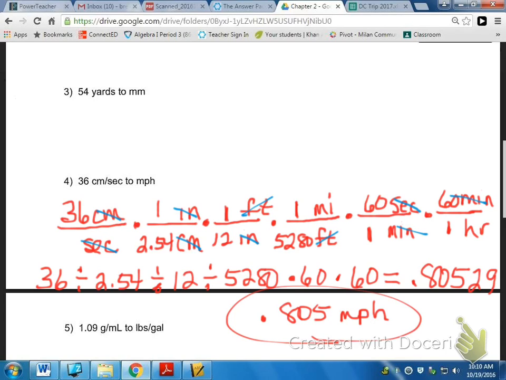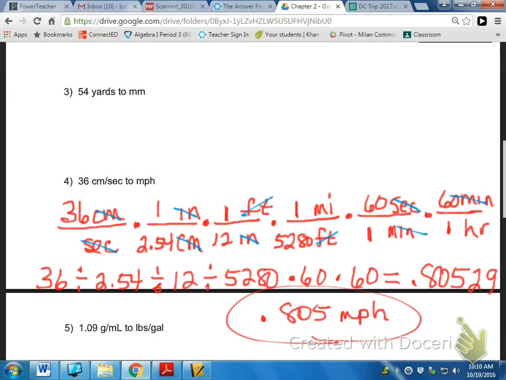Yes? What would you do if there was like a 60 on the top and like a 5 on the bottom? That's a good question. If there was a 60 on the top and a 5 on the bottom, which probably on these there won't be because you're always doing one thing to something else, but if that did happen, you would then multiply by 60 and divide by 5. Just do one step at a time.